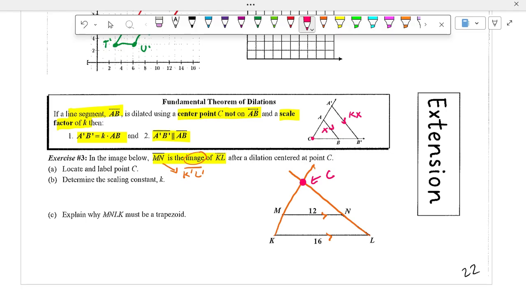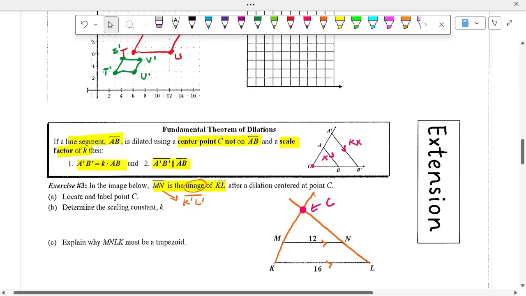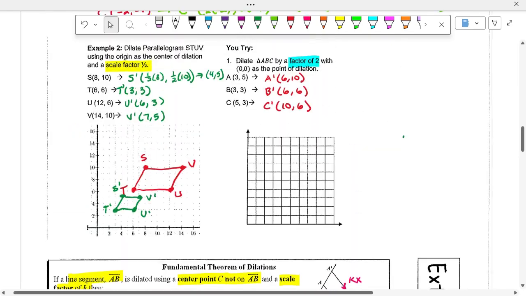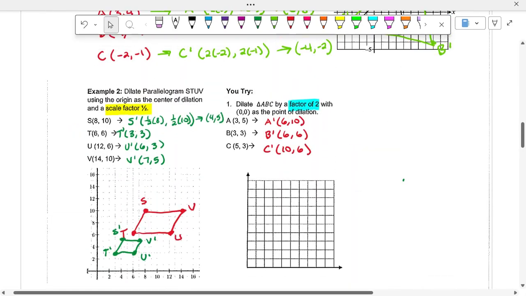Now, how do you think I would get my scale factor K? Let's think about it this way. Let's say I gave you these points, but I didn't tell you what the scale factor was. How would you figure it out? If I didn't tell you the scale factor was 2, but I gave you the original and the dilated points, how would you figure out what the scale factor was?